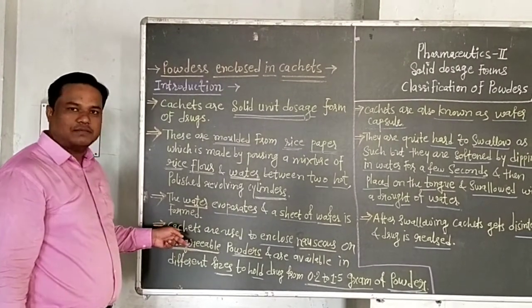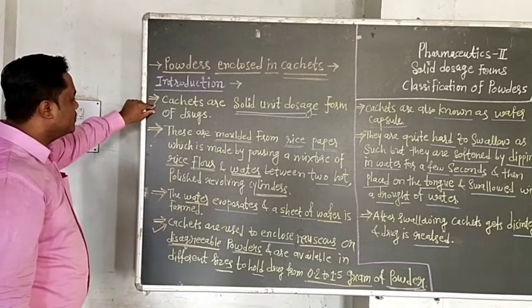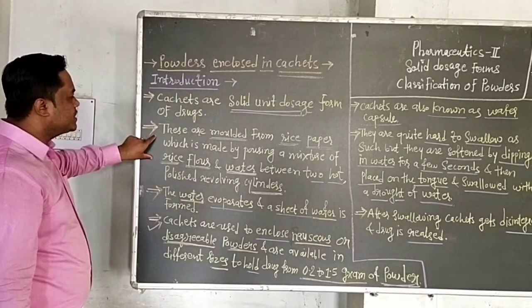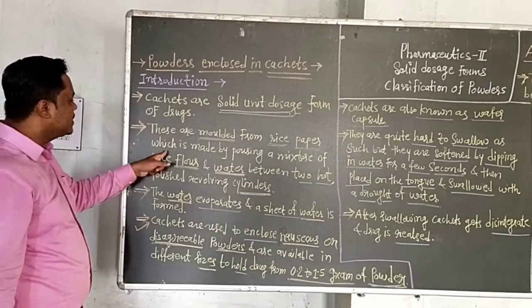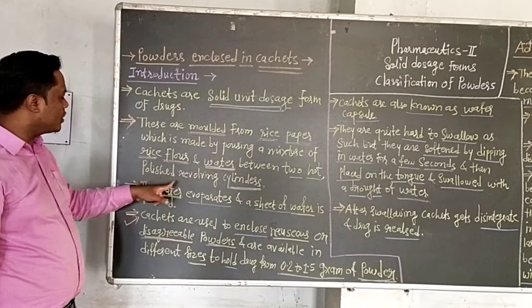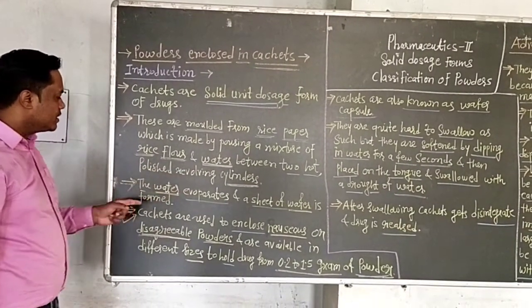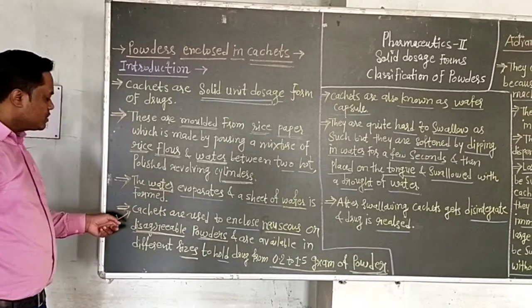Therefore, cachets are prepared. So cachets are a solid dosage form. How are they prepared? They are prepared by molding from rice paper, which is made by pouring a mixture of rice flour and water between two hot polished revolving cylinders. Then water evaporates and a sheet of paper is formed. What is the use of cachets?